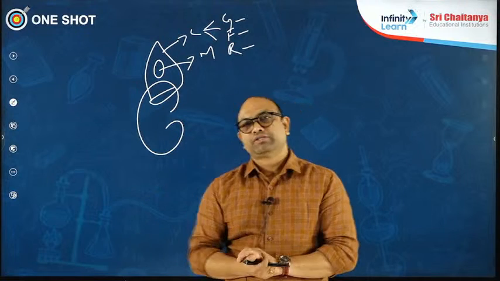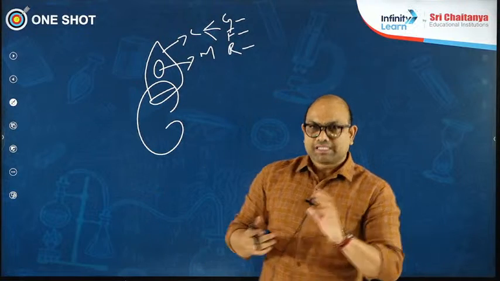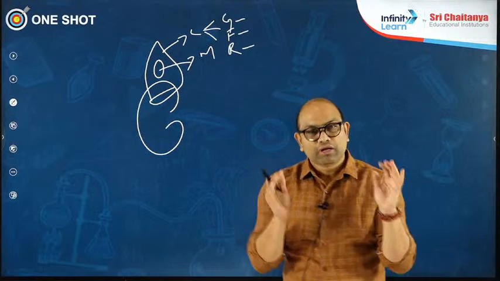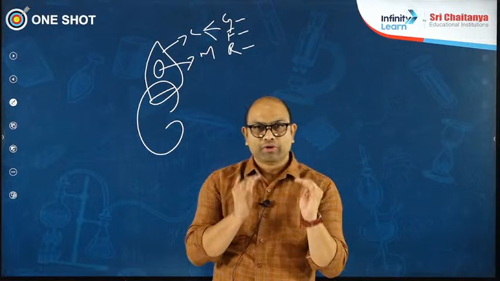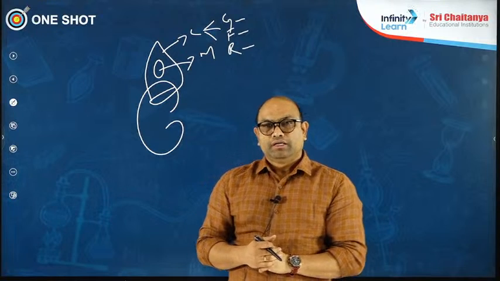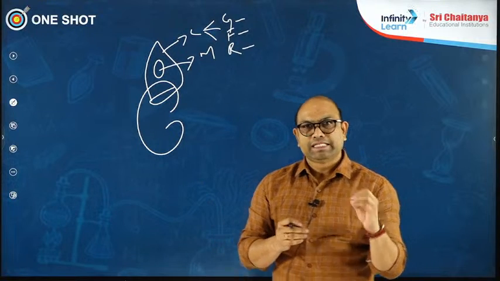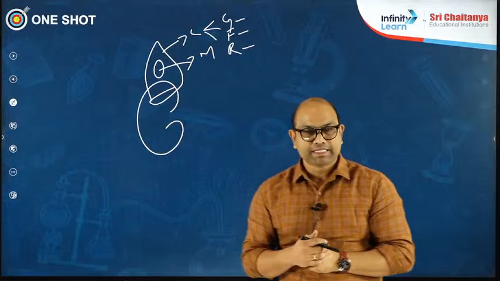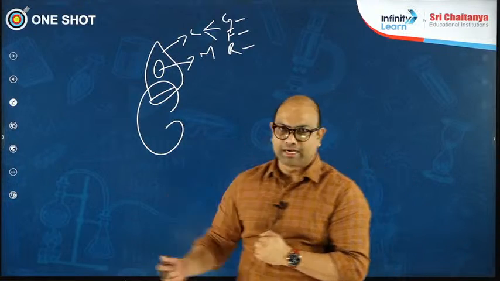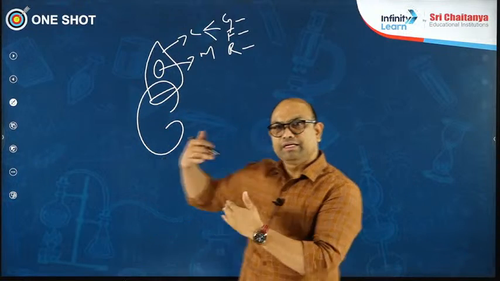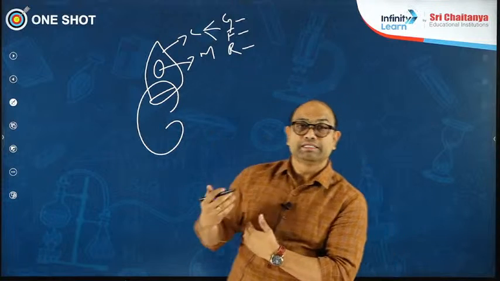Regarding the function of aldosterone, the first step is whenever the glomerular filtration rate is low or glomerular blood flow is low, the JG cells of the kidney produce an enzyme called renin. That renin activates angiotensinogen of the blood into angiotensin 1. The angiotensin 1 is converted into angiotensin 2 with the help of angiotensin converting enzyme.